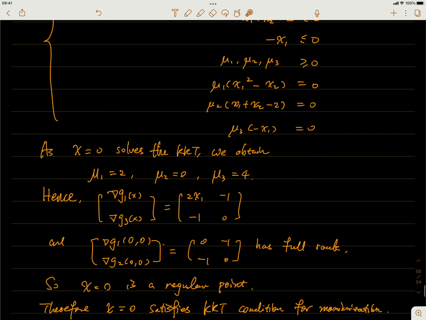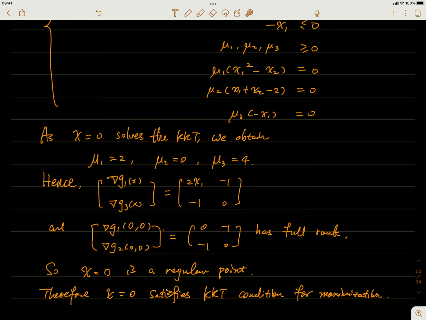Next, we're going to see if the point 0, 0 is a regular point. We just need to get this Jacobian matrix. It's the gradient of g1 and the gradient of g3, which gives us this. At the point 0, we can evaluate it, and we get that. So this is a full rank matrix.